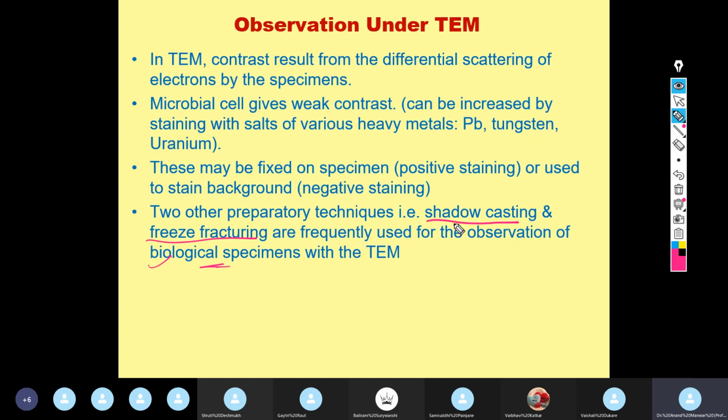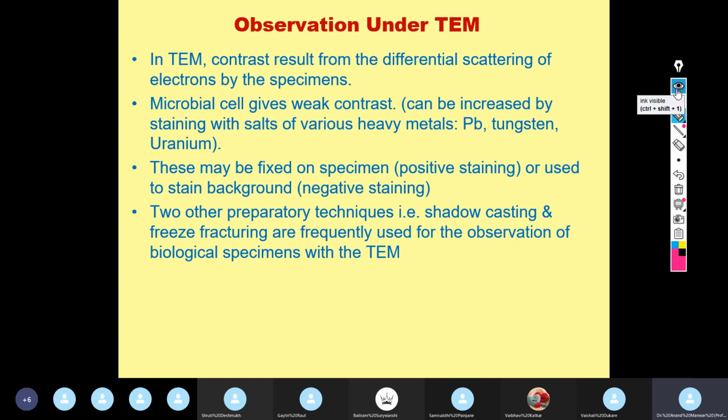If I go on talking on this, a lot of time will be required, as it is not required for your syllabus, or it is not mentioned in your syllabus. I will not go into details of that. But keep in mind that apart from negative and positive staining, shadow casting and freeze fracturing can also be used as preparatory methods for observations, normally for biological specimen samples under transmission electron microscopy.